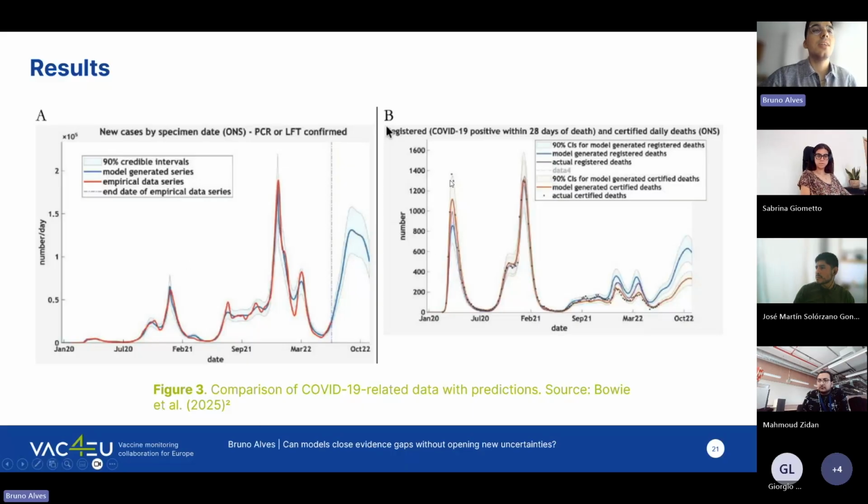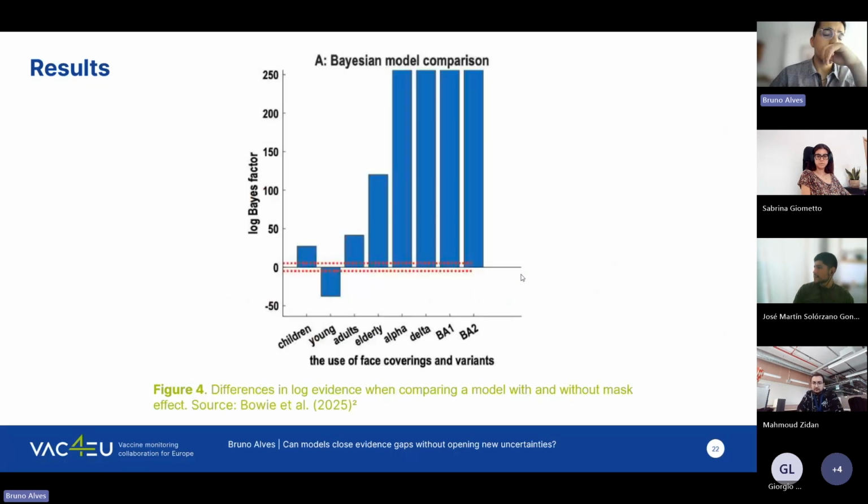And we can see the registered COVID-19 and certified COVID-19 daily deaths. So we have this comparison between the red and blue lines, which are the model generated, and the darker lines that show us the real world data.